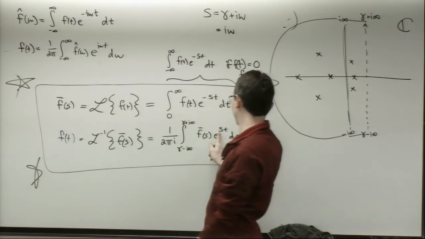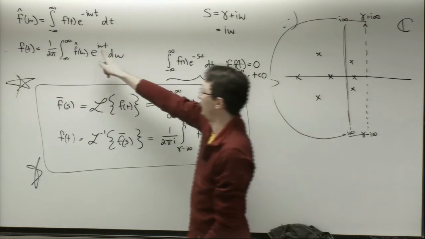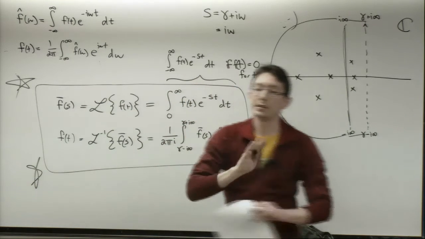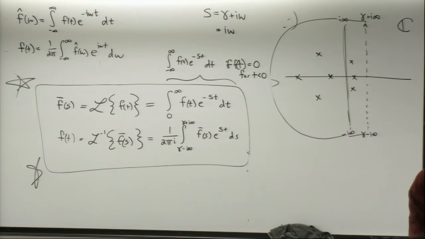And instead of an s here, I would have an i omega. And here I have an i omega. These are identical transforms if my function f is well behaved and is equal to 0 for negative time. Identical.